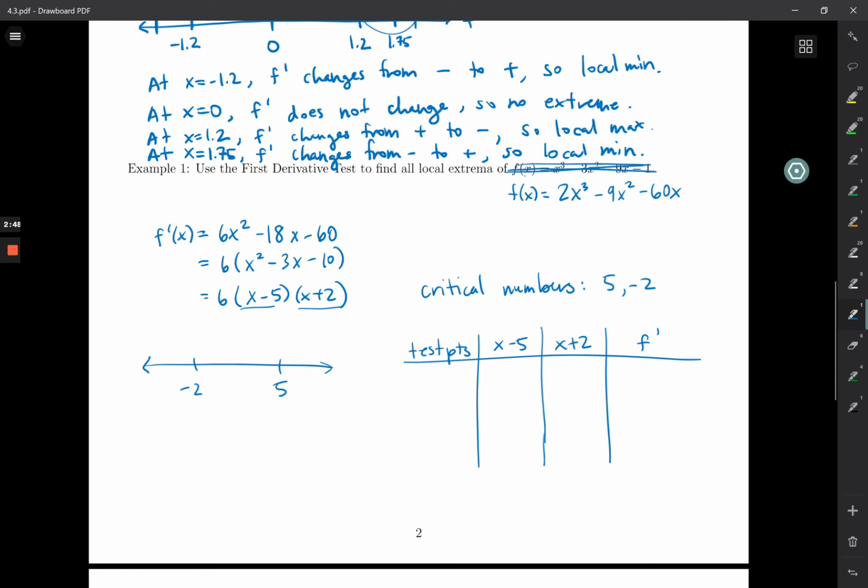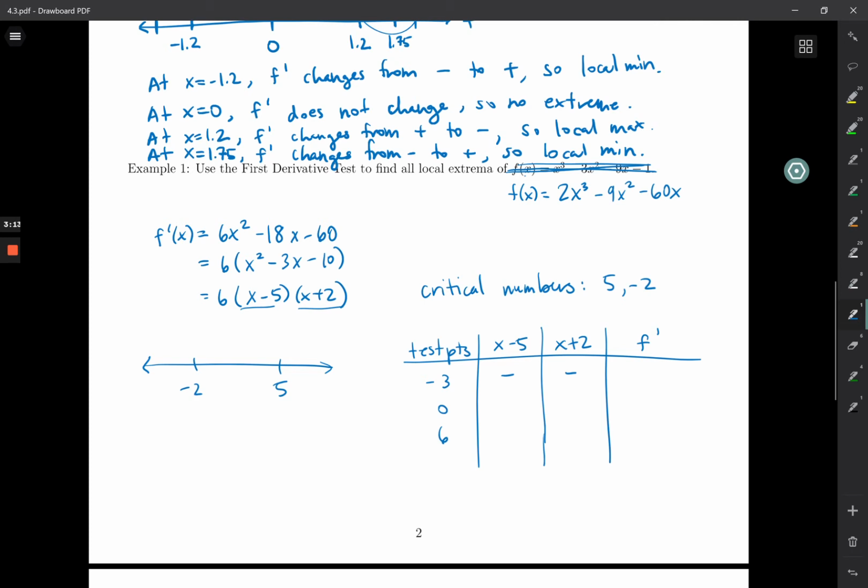Okay, so picking some test points, I'm going to take negative 3, 0, and 6. So those will represent each of my intervals. And then I will just go ahead and check this sign at each of those points. So at negative 3, we would get a negative number for x minus 5 and another negative number for x plus 2.